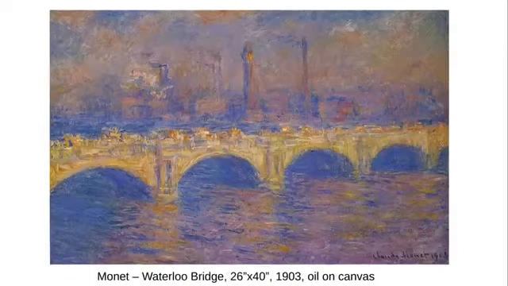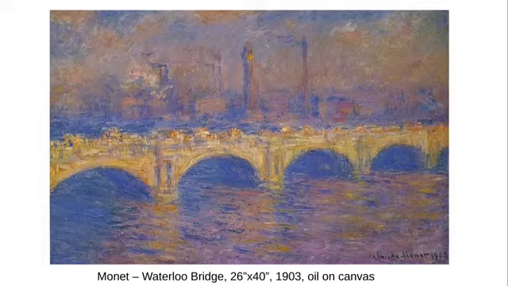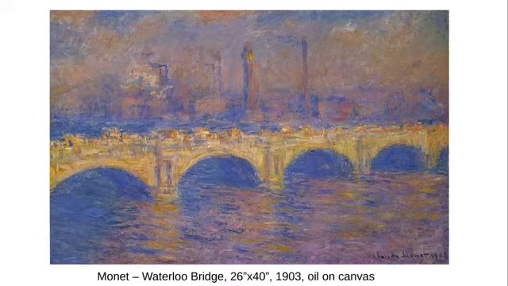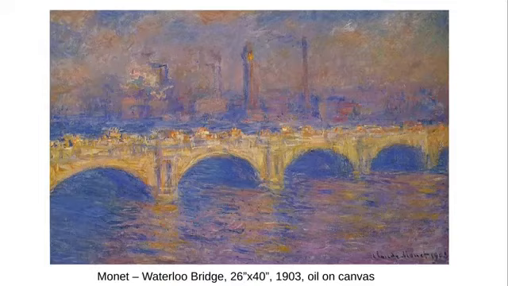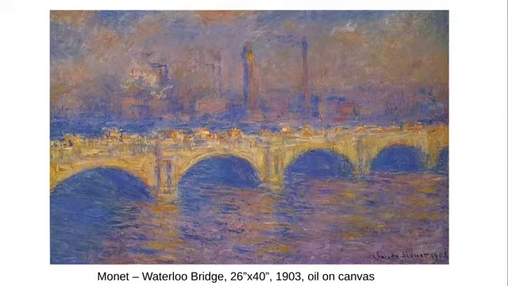Okay. This Monet painting, 1903, he's capturing this sort of architecture, this architectural form of this bridge, the Waterloo Bridge. He's giving up and sacrificing detail of the architecture in order to capture that effect of sunlight. The colors produce this sort of atmospheric effect.